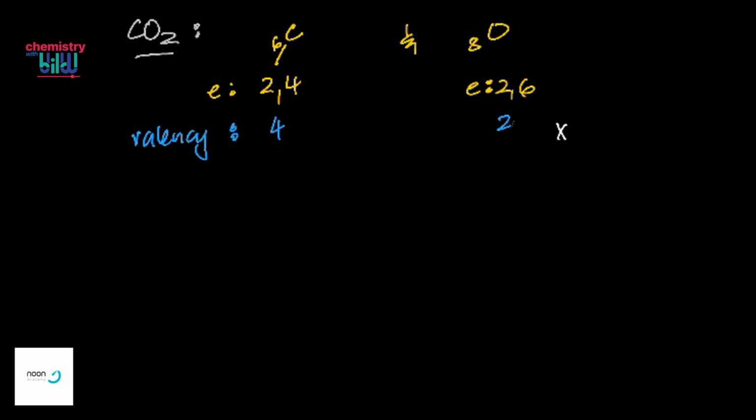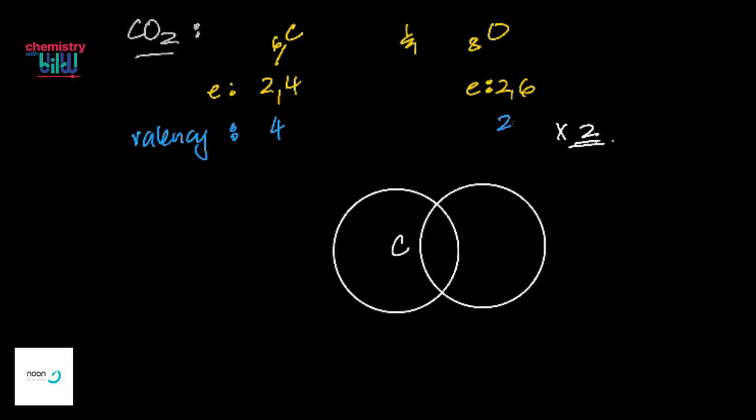That means you need 2 oxygens to fulfill carbon. So when they make covalently bonded molecules, I'm trying to make CO2 for you. So this is what happens. There are going to be 2 O's combining. And why is that the case? Because carbon needs to get to 8 from 4. So this is a recap of that also.